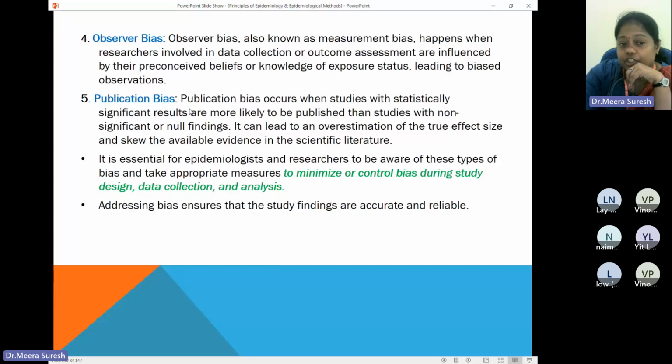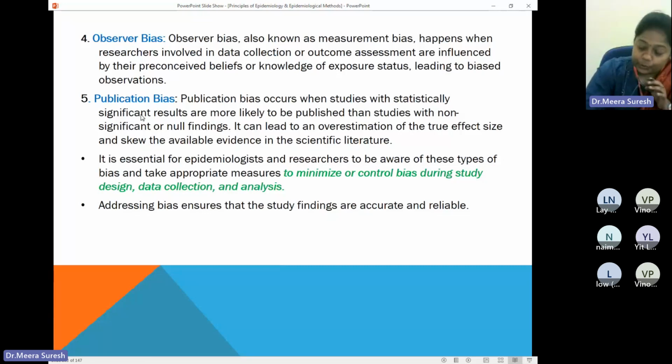Then there can be publication bias, because whatever you do, two main intentions are there: either to get into an academic job, like a PhD if you are doing, or for a promotion, and for that you need publications. And if your study didn't prove anything, it was a null study in the sense it didn't give a positive result, that is also a result.